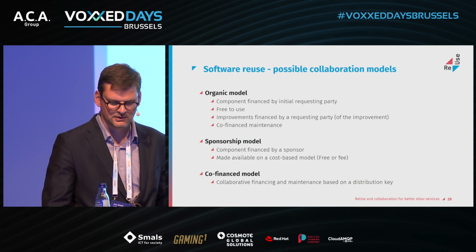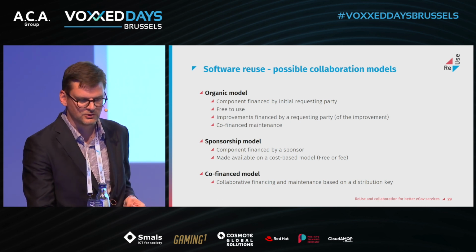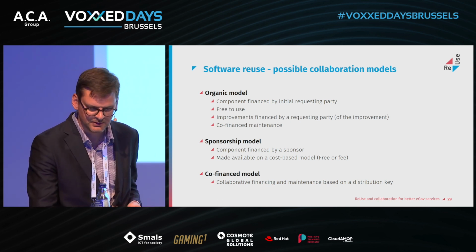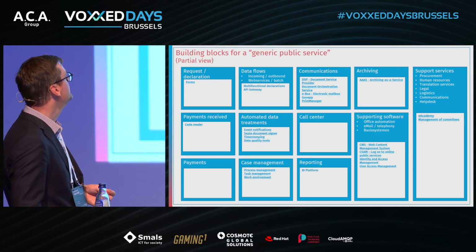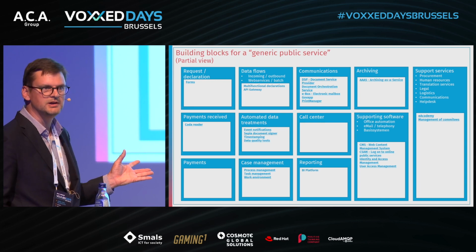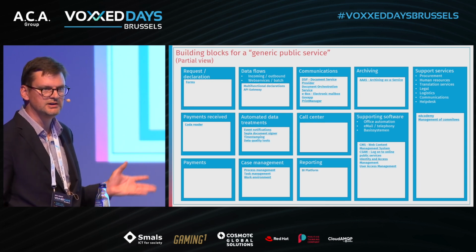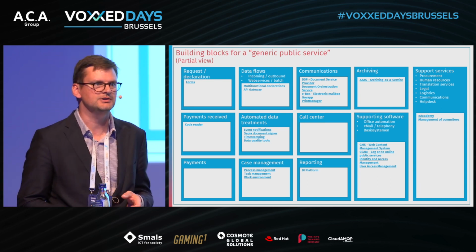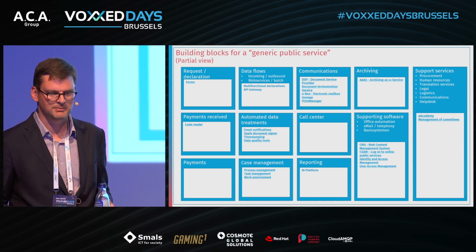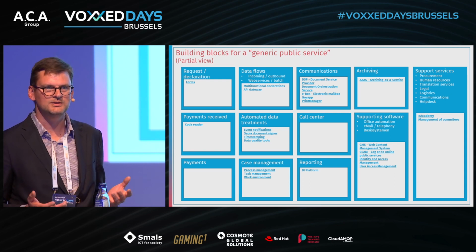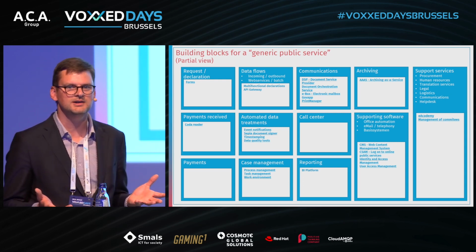We have different collaboration models, but that's maybe a bit less important here. And so if you see this picture, we could imagine, for example, what a generic public service looks like. So each institution, if we take a bit of a distance, we see that they somehow do the same things.